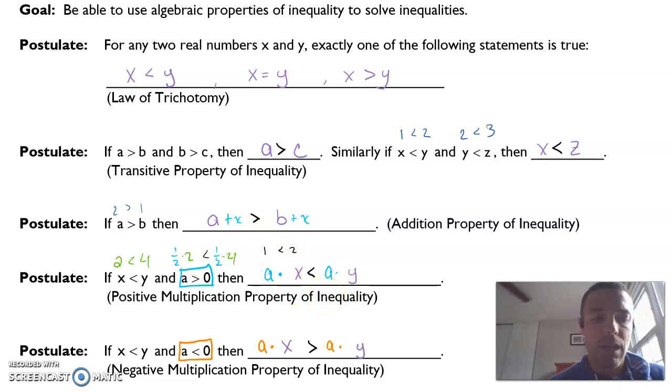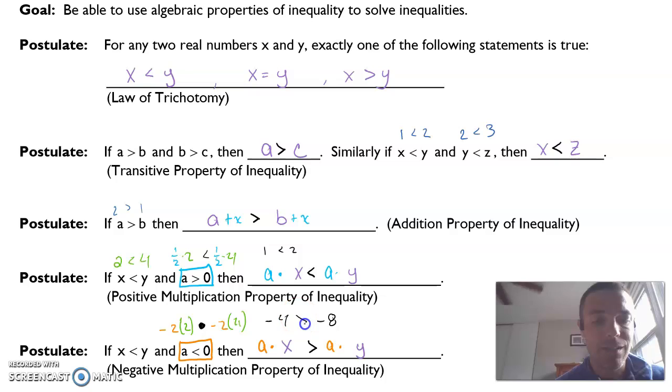However, if I multiply by a negative, so instead of by a 1/2, I multiply by a -2, let's say. Now let's say I multiply both sides of this inequality, and I'll use the same values, 2 and 4. If I have -2 times 2 and -2 times 4, the relationship between these values is now different. -2 times 2 is -4. -2 times 4 is -8.